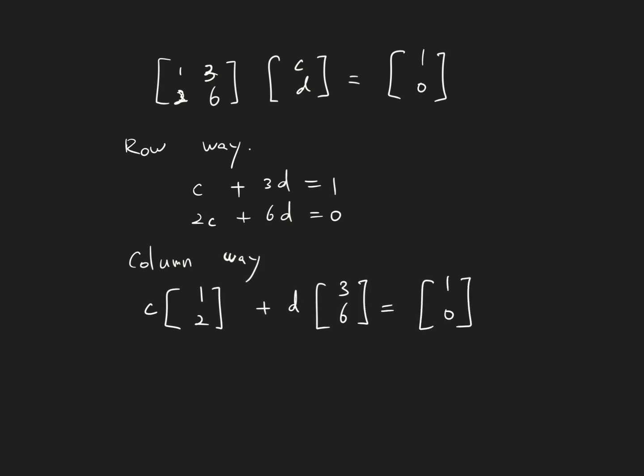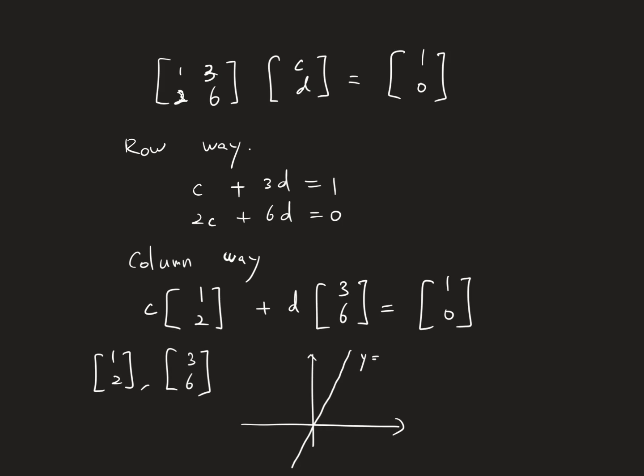Now we can see the vector 1, 2 and the vector 3, 6 are on the same line, and this line is y is equal to 2x, and the 1, 2 vector and 3, 6 vector are all in the same line.